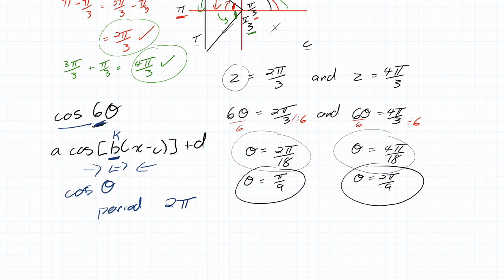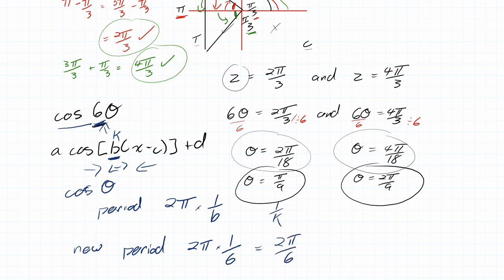And a way to figure out the period is we would multiply by 1 over b, or in your case, 1 over k. If this is our k value, which is 6, our new period would be 2 pi times 1 over 6. That becomes 2 pi over 6, which simplifies into pi over 3.